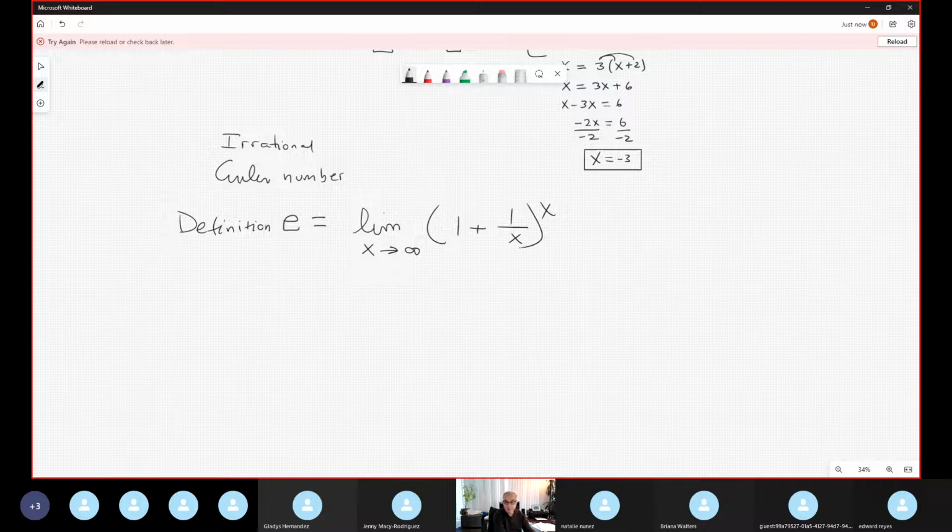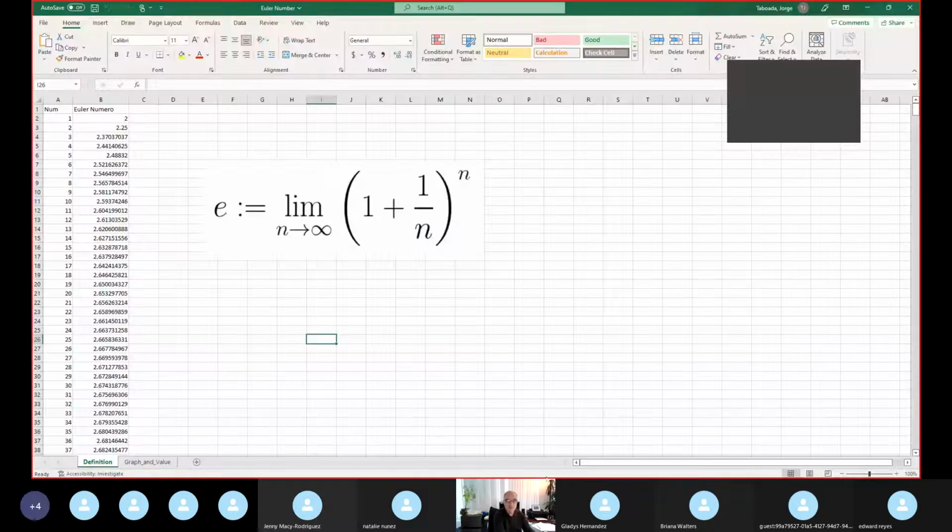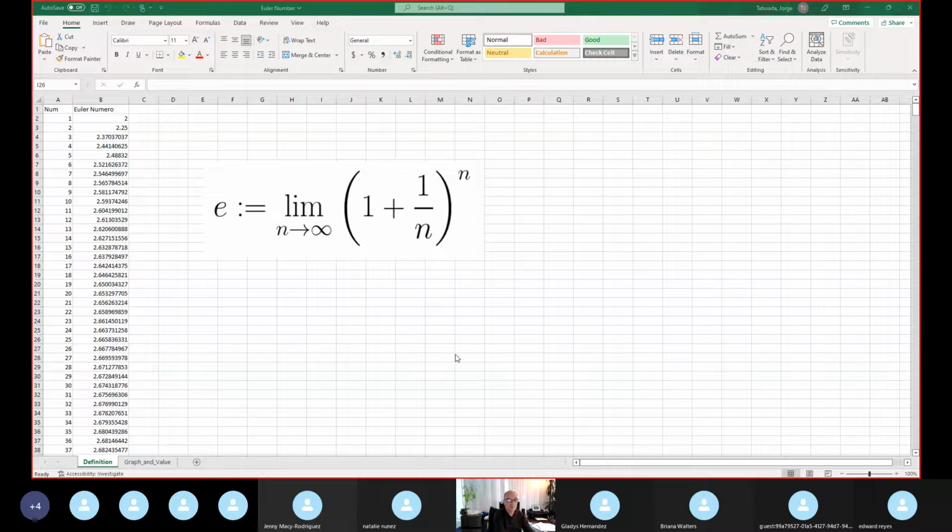Let me share the screen. Okay, there you go. Excel. Do you see the Excel? Yes. I put the numbers here: 1, 2, 3, 4, 5, 6, 7, increasing to 1,000.